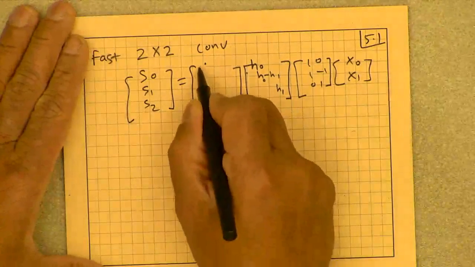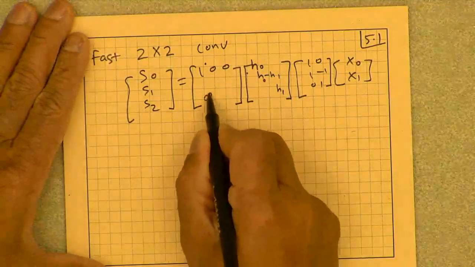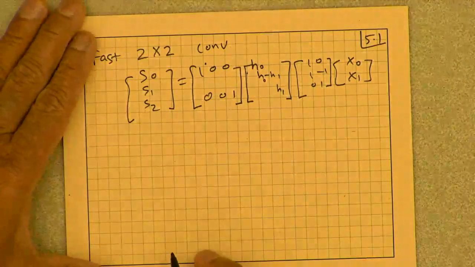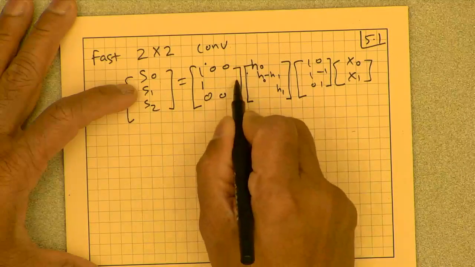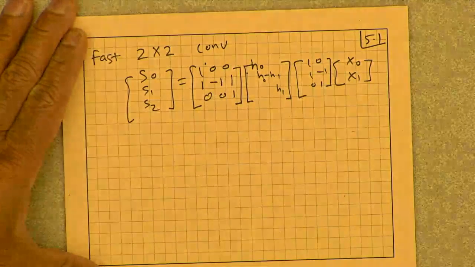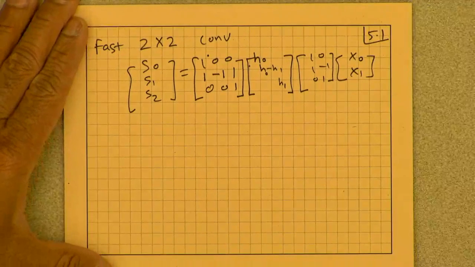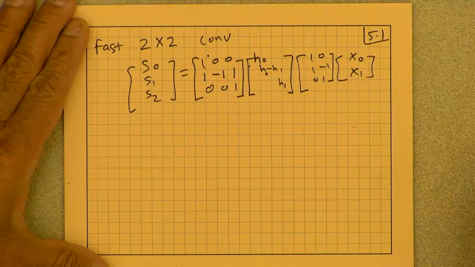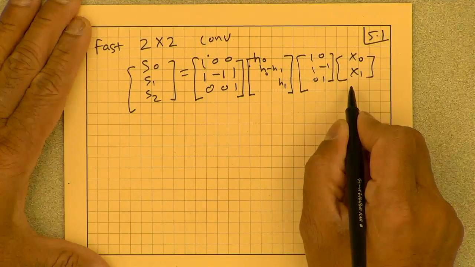So S0 is just h0 x0, S2 is simply h1 x1, and the middle one is h0 x0 plus h1 x1 minus h0 minus h1 times x0 minus x1. So that's the 2 by 2 convolution.